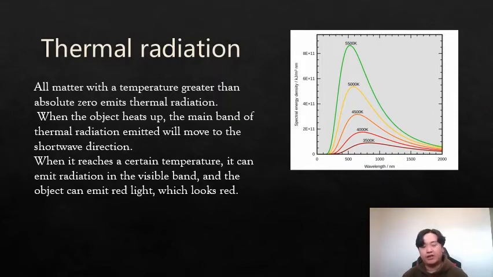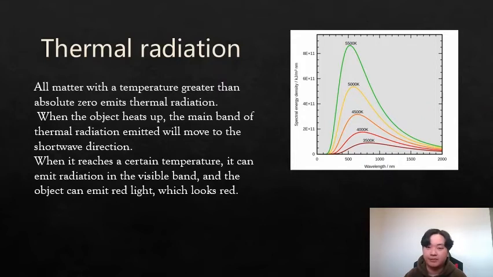But because the thermal radiation spectrum of the object is continuous, at this time the light we see may be white across the whole visible band, like daylight.